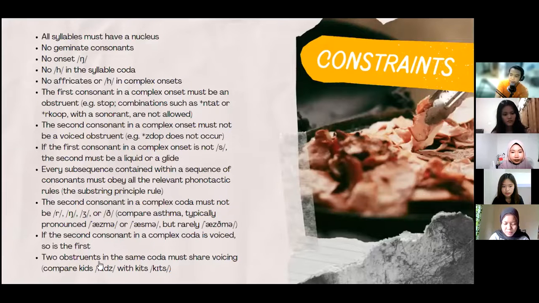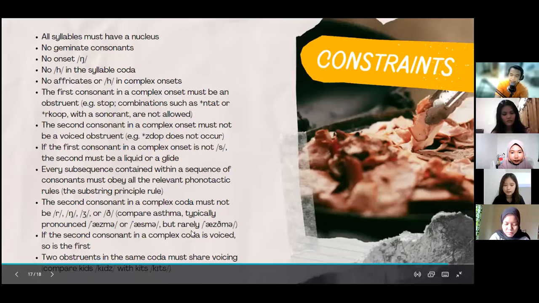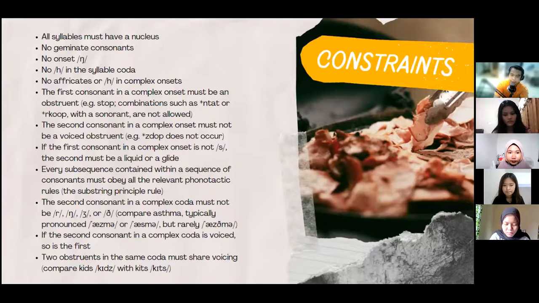Right, so these are examples of constraints, which are the prohibitions on where you can put the syllables. You can see that there are a lot of constraints, and I'm not going to explain them one by one. I'm only going to explain the most important ones. For example, all syllables must have a nucleus and there should be no geminate consonants in those syllables.